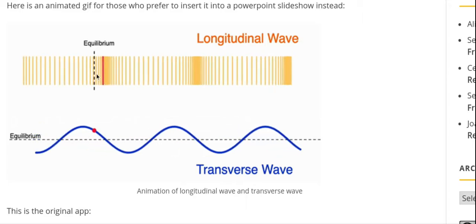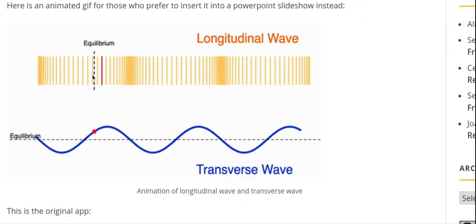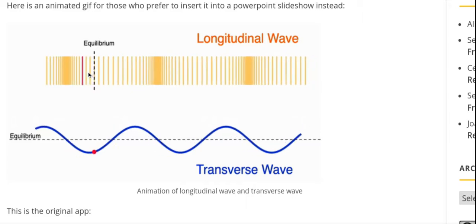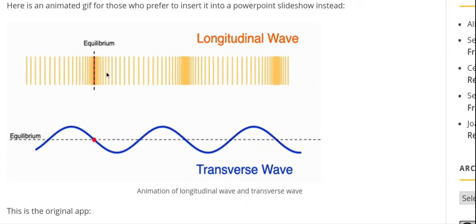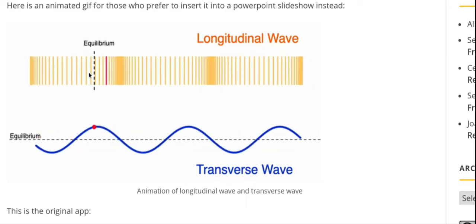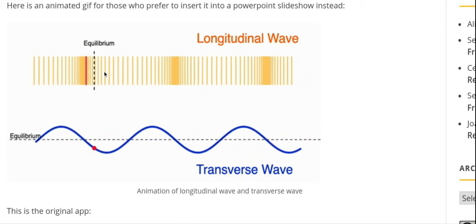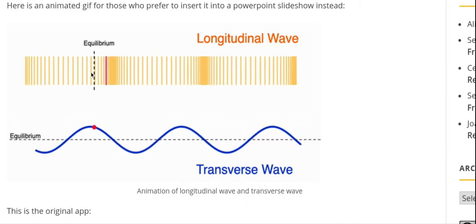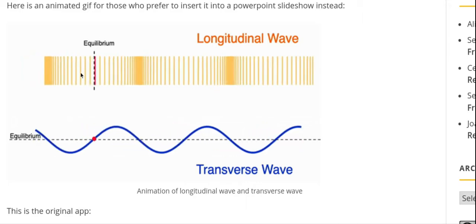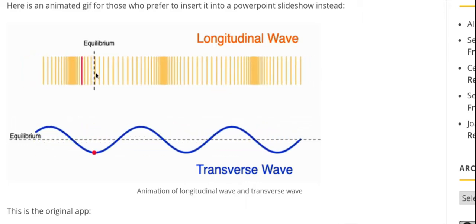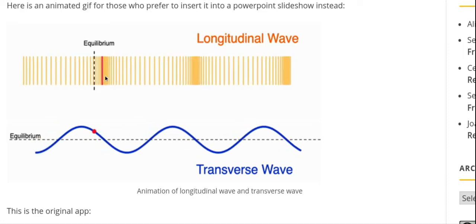And so you see here that the material that is vibrating moves in the same direction as the wave, although in the opposite direction in some cases, whenever it's going the other way. It's moving left and right while the wave is going to the right.